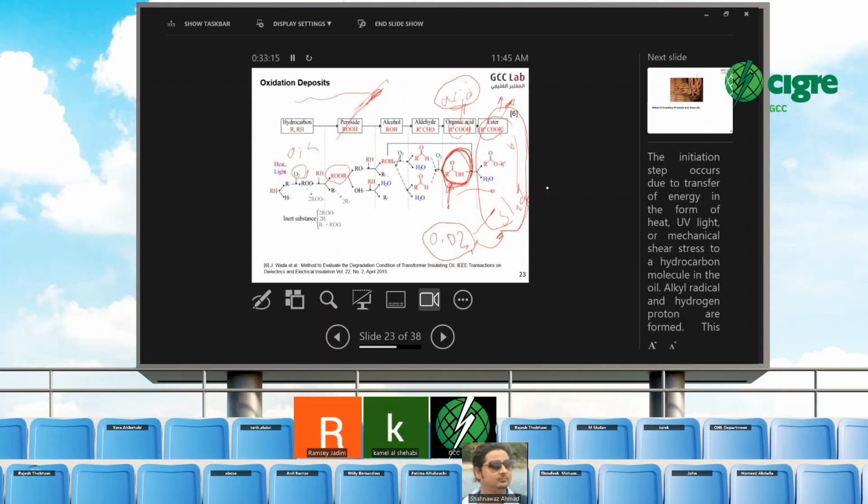Yes. So how to differentiate whether it is stray gassing or a real problem of partial discharge? Real problem if we found extremely high hydrogen. Like in some cases it is 2000, 3000 ppm. This is extremely high.